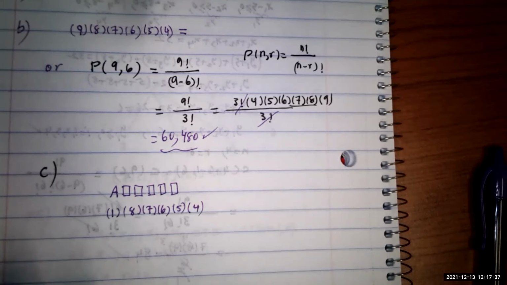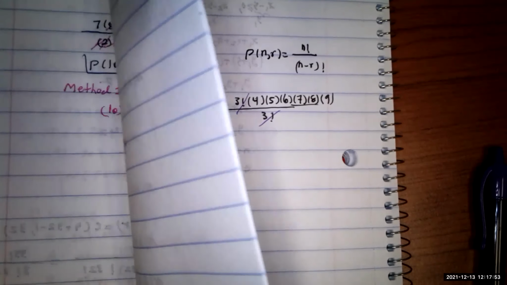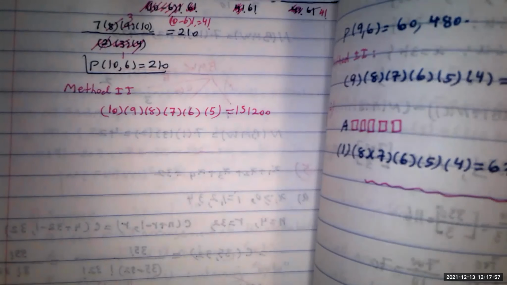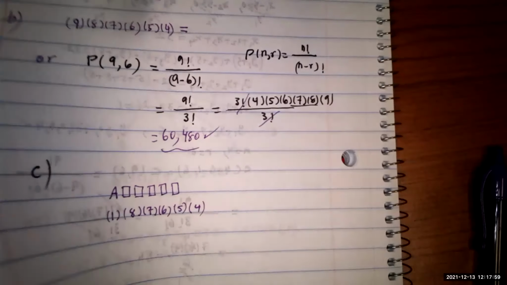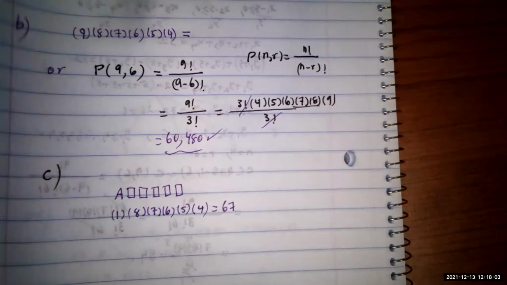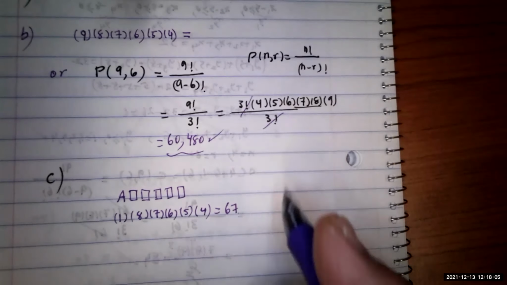Or you can say I fixed the first one, then for the other ones, it's going to be a permutation of 8 letters, 5 at the time, and that would also be correct. This is just the way you prove those formulas. So I have 6,720 ways.